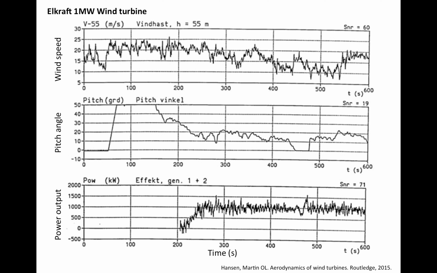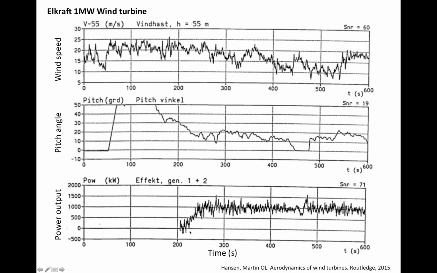It's not the most appropriate pitch angle for the wind speed at that moment. So the result is very high fluctuations in the power output, excessive power variations in the power time history curve.